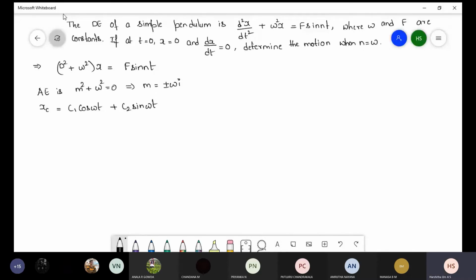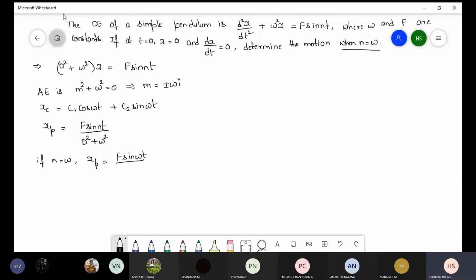Now write the particular solution. On the right side, that is f sin nt divided by D² + w². But they have asked here, determine the motion when n is equal to w. So if n is equal to w, our xp, the particular solution, becomes f sin wt, because in the place of n we are substituting w.